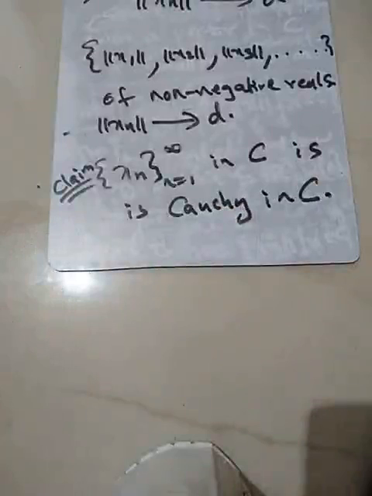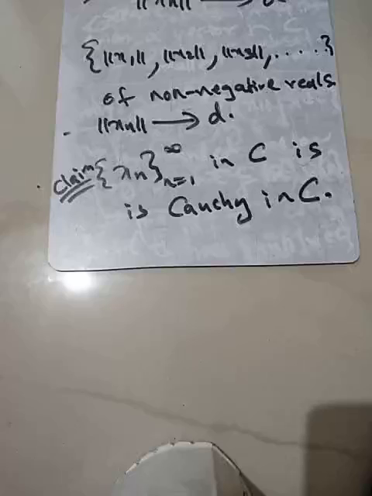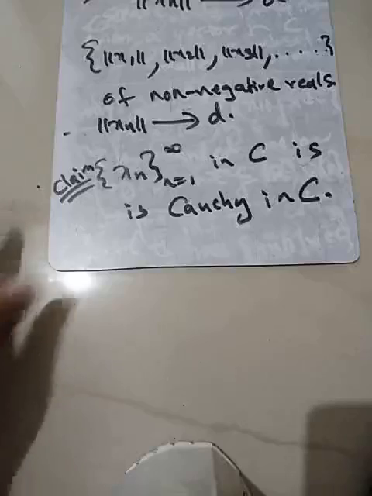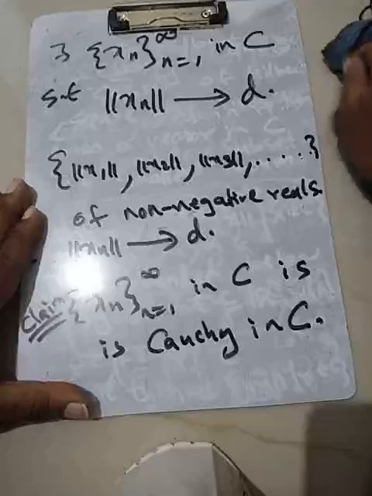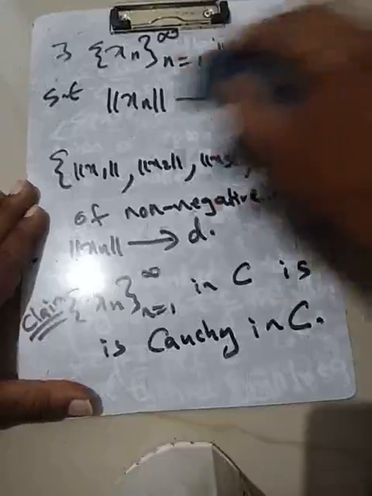Because if we prove it is Cauchy, then because it is a Hilbert space, every Cauchy sequence converges, and then we have the limit also. To show that this is Cauchy, we will use the convexity property of C.